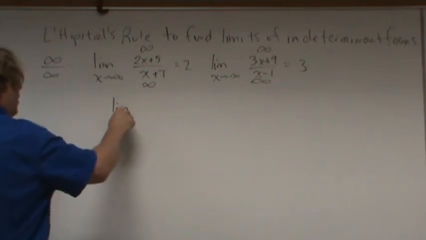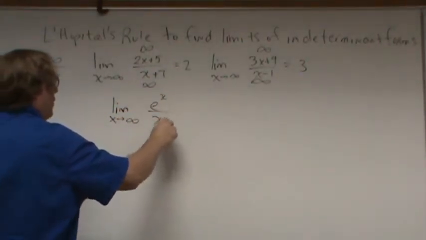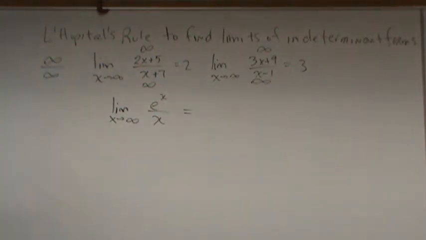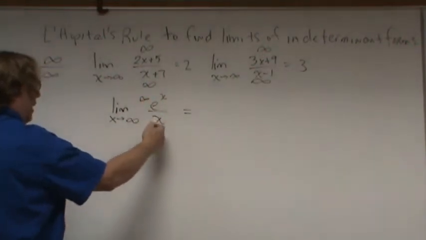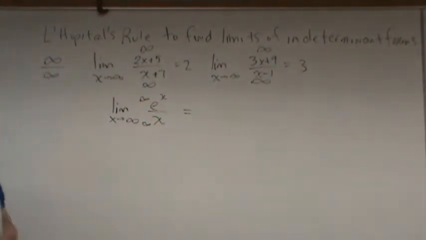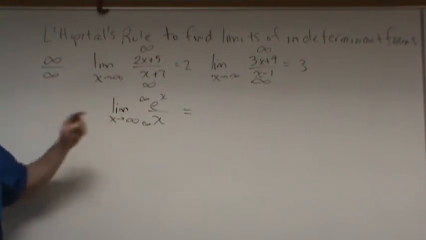Hey, you guys tell me, the limit as x approaches infinity of e to the x power over x. What do you suppose that's equal to? Well, I'll tell you, the numerator's infinity, the denominator's infinity, but guess what? Who's a bigger infinity? Yeah, the numerator.